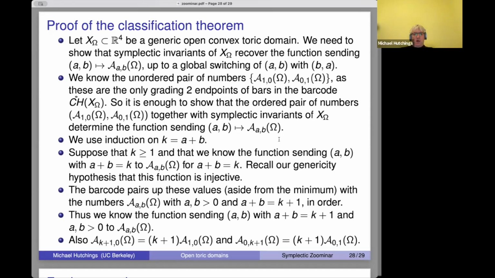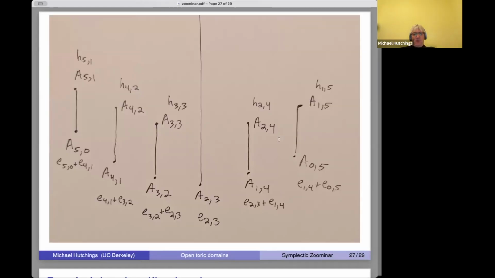So first of all, every action value has to appear, except for the zero ones, twice: as the top of one bar and the bottom of another bar. And you have to be able to arrange the bars like this in some order so that this action function is convex.